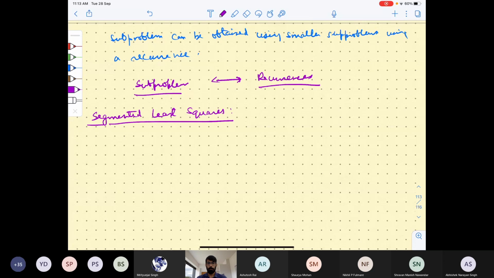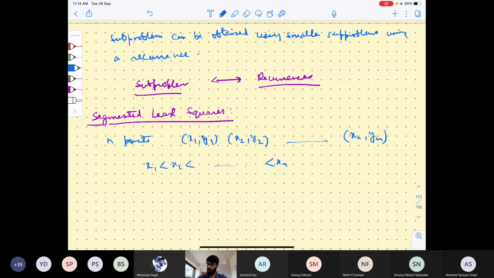So the idea is actually simple, that you are given some points in the plane, x1 y1, x2 y2, up to xn yn, right? And let's say that they are ordered somehow by x-axis, and they are not the same.